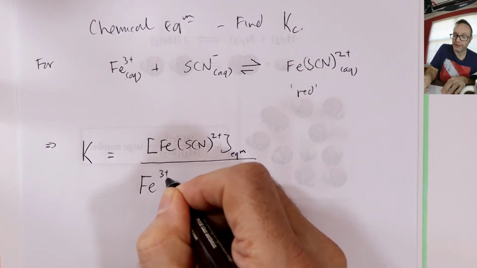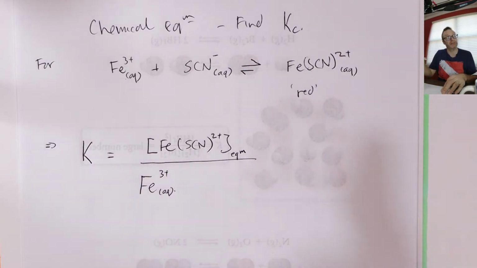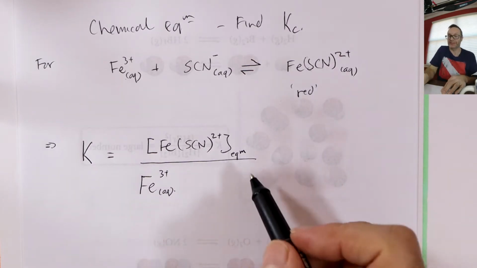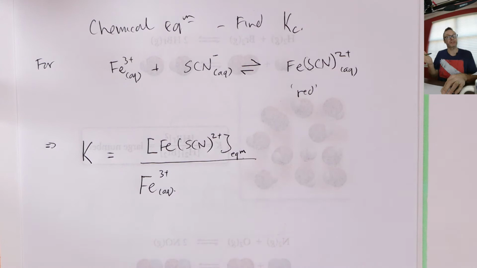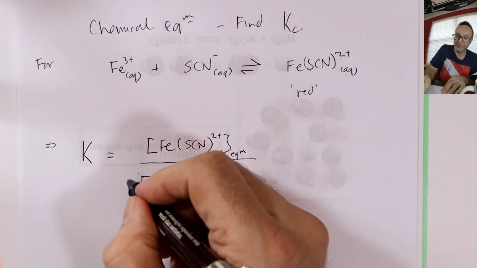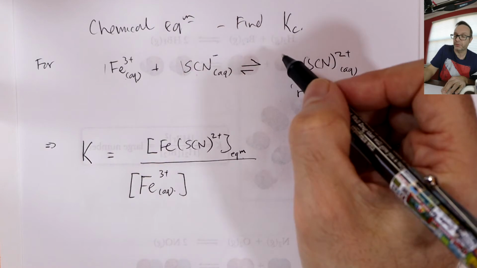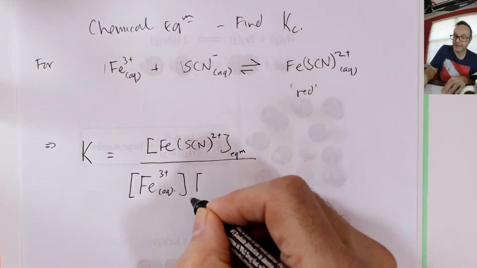When we look at the initial, change, equilibrium math, we'll sometimes have a little I subscript, meaning initial concentration, which obviously isn't the same as at equilibrium because it changes. Divided by the two reactants, since we multiply when we add, and the stoichiometric coefficients are all 1, which makes life easier.